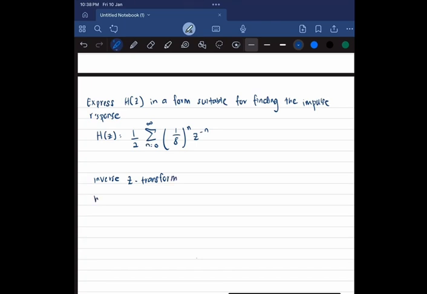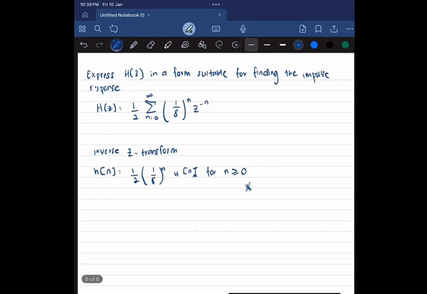So it gives Hn equals 1 over 2 times 1 over 8 to the power of n un, for n greater than or equal to 0. So that is the answer for question A, finding the impulse response Hn.